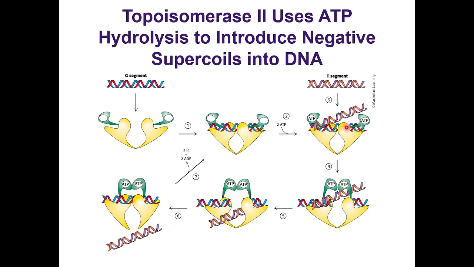So what's going to happen next is we're actually going to get a snip. Okay? So these come together, like so, kind of like scissors. Snip. And we're going to actually snip the two strands of the G segment. Now note that that leaves the T segment trapped on one side of it, right? So what happens with molecules that are just sitting around in solution?